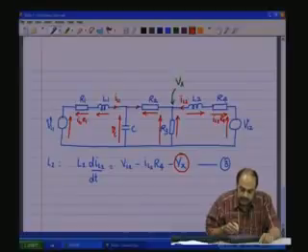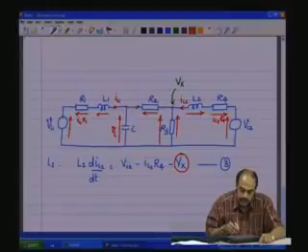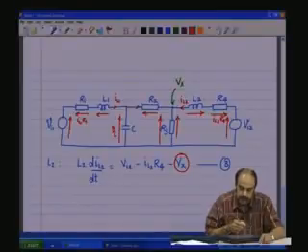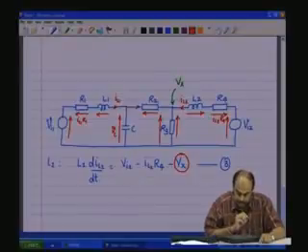In such cases, the intermediate variables can be used for such nodes or probably branch currents, as the case may be, and it will definitely be expressible in the form of an algebraic equation, which is a function of some or all of the state variables.